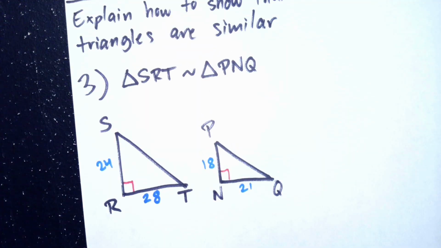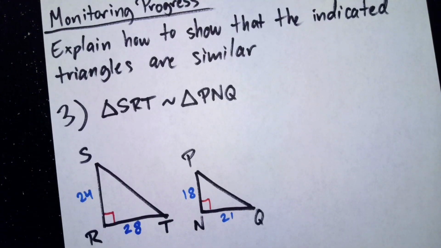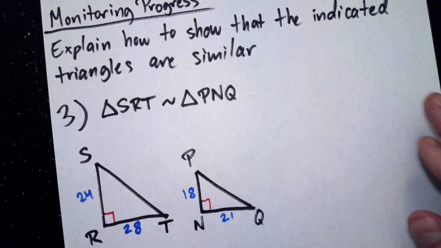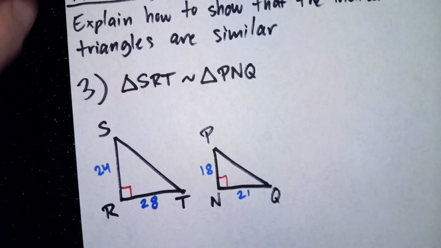And now to finalize this section, we're going to be using the exact same ideas that we used before. So we need to explain how to show that these 2 triangles are similar. So let's see what we got. Both of these are right triangles, as we can see.